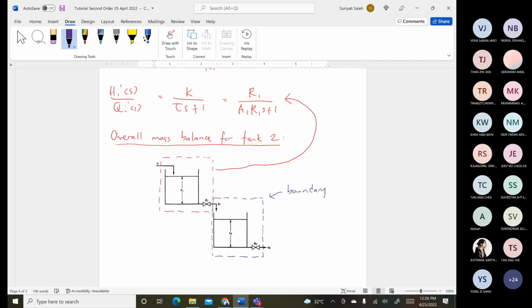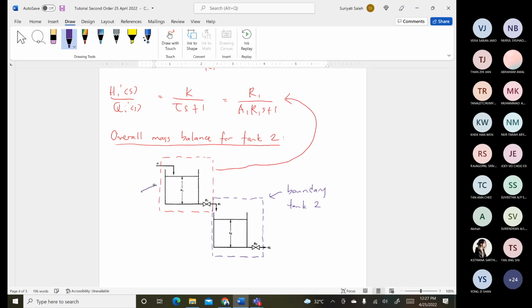Why do we need to set up the boundary? In order to make sure we complete one part of the balance before we continue with another part. If we try to do it simultaneously, then it will overlap. When you have overlapping, the equation may become imbalanced. You will not get the exact balance of the given unit operation.